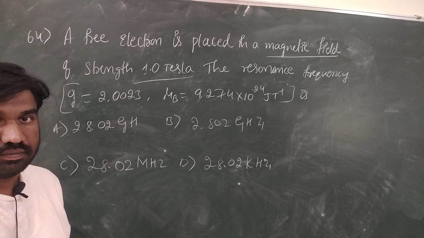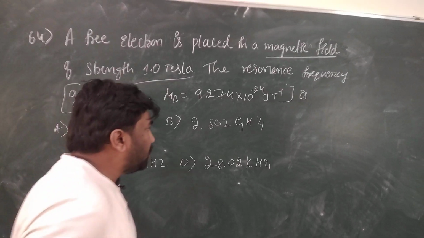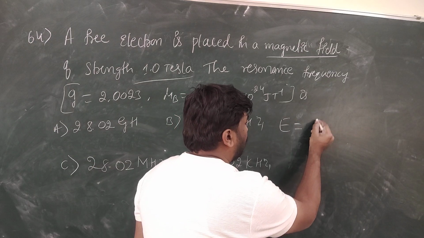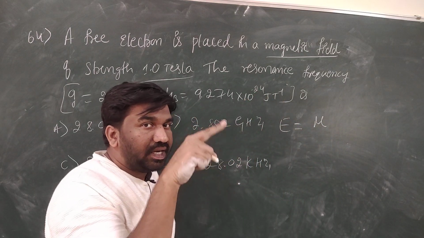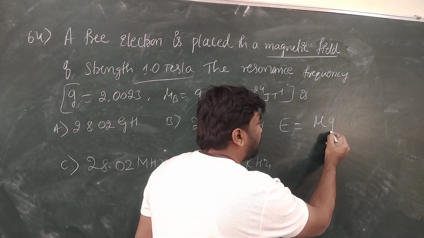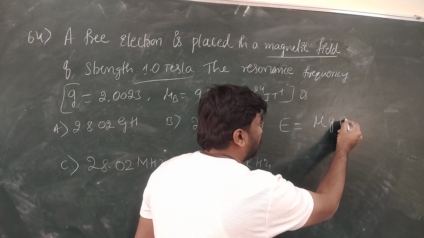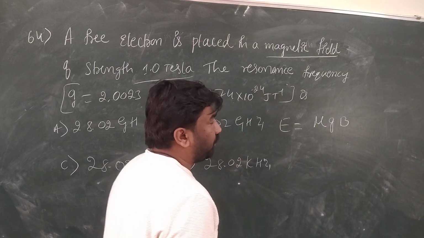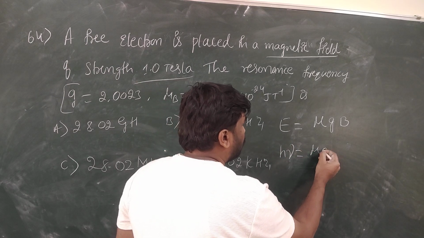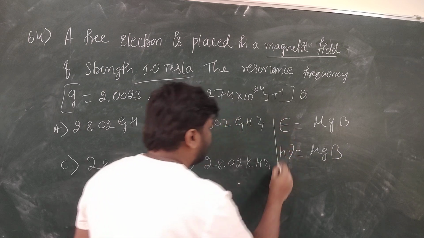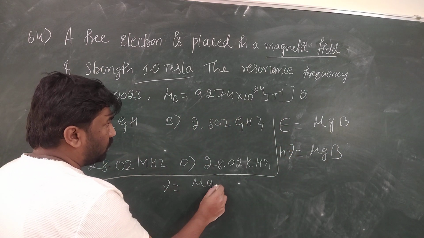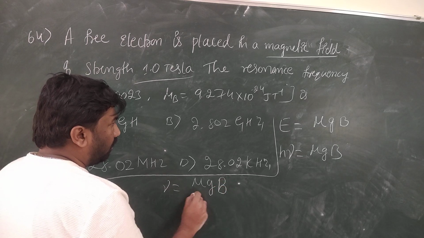The energy expression is E equal to mu G B, where mu is the magnetic moment, G the gyromagnetic ratio and B the magnetic field. We know that E is equal to h nu, so h nu is equal to mu G B. Therefore nu is equal to mu G B by h.